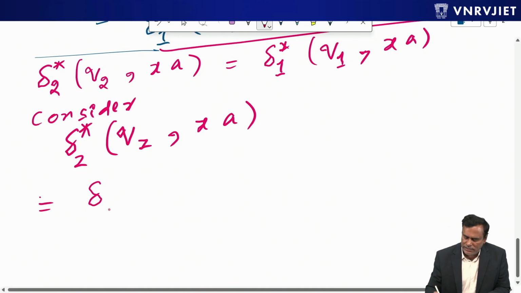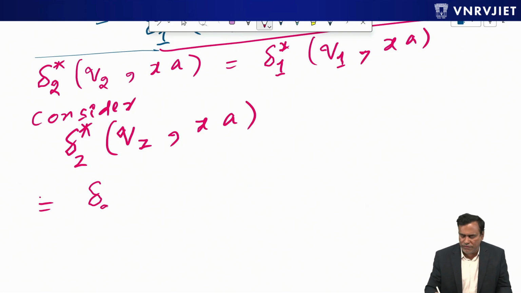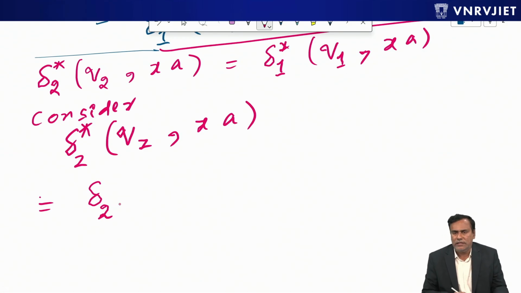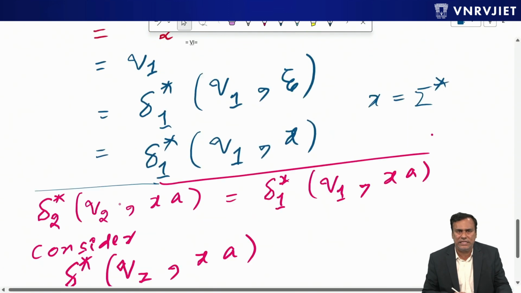In the very beginning I have given the definition of this DFA. What have I given? Delta 2 star of Q X A is equal to delta 2 of delta 2 star of Q X, A. That is the definition I have given for this DFA, right?